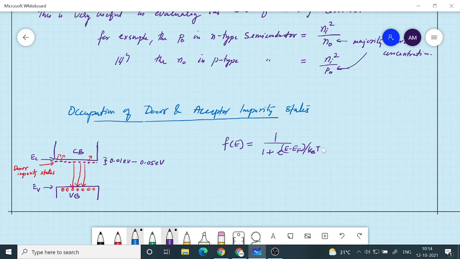Once this electron moves away from the donor atom, either to the conduction band or to the valence band, into that vacancy you can only put one electron. You can't say that the state can be filled with one upspin electron and one downspin electron. So these states are special. They are different from the other states in the band structure.